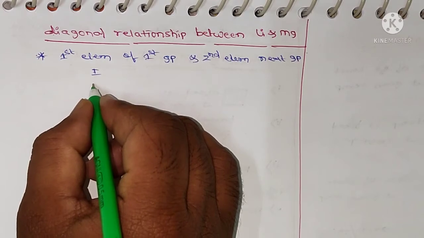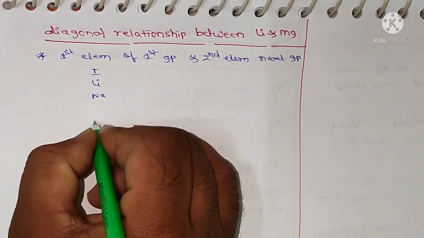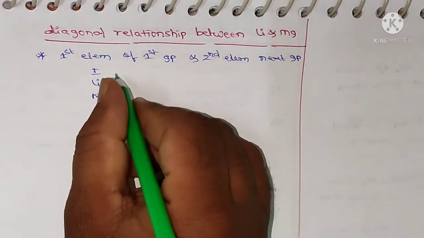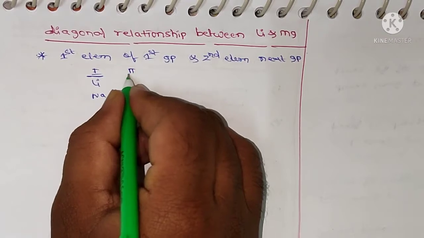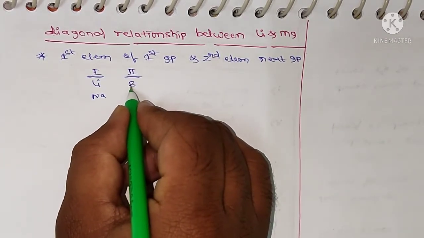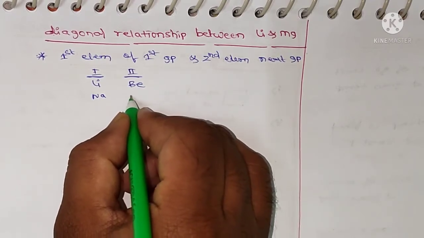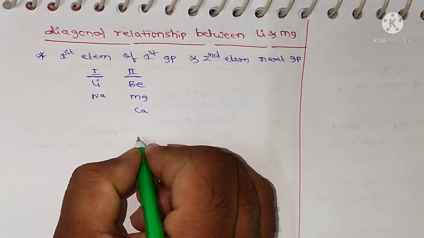Let me take first group. The first group elements are lithium, sodium, potassium, rubidium, cesium, and the next group is the second group. So the second group elements are beryllium, magnesium, calcium, and so on.